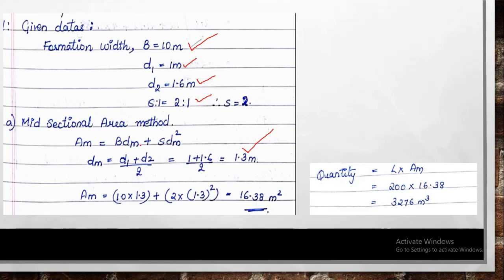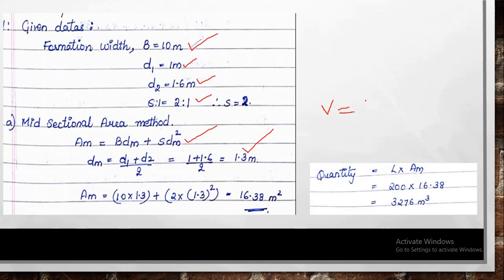So just put this value in the formula. AM is equal to BDM plus SDM square. The value of B is already written here at the top. So AM is equal to 10 into 1.3 plus 2 into 1.3 the whole square. Using the formula BDM plus SDM square, we get the value of AM to be 16.38 meter square. The quantity, as I told before, is mentioned in volume.